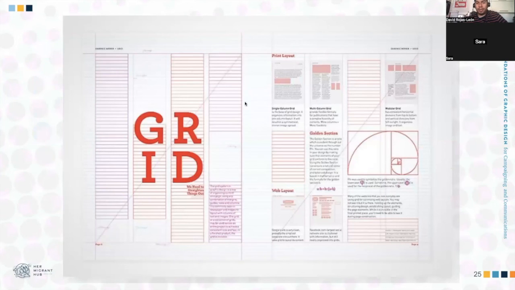This is an example again of a combination of column grid and also how this golden ratio can be included in that, and how with something very simple to create, you can compose things that are harmonious and easy to read.